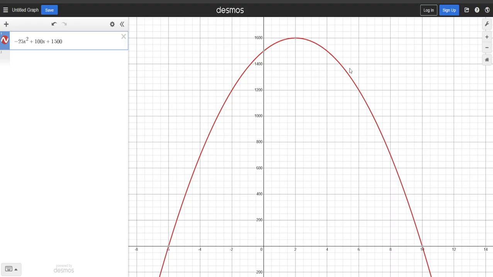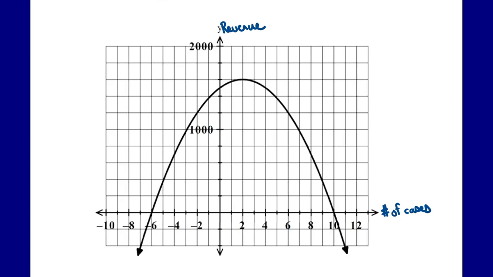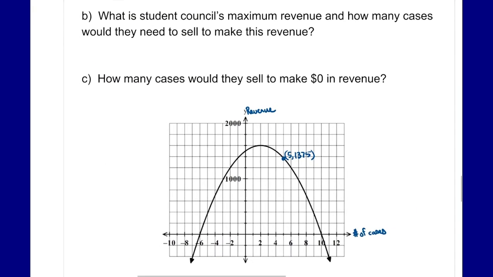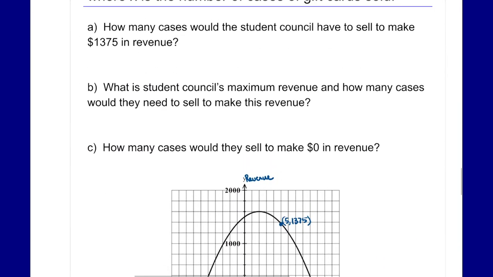So I'm going to go back to my graph just to put it on there. So at 1,375. And now I have my point to answer that question. So how many cases would they have to sell to make $1,375?